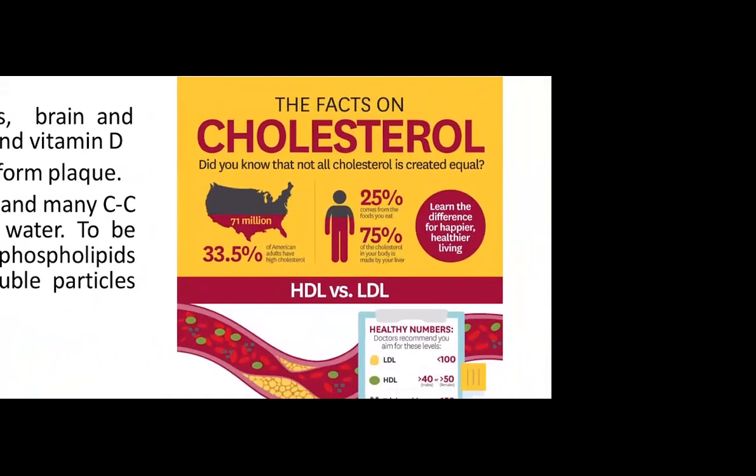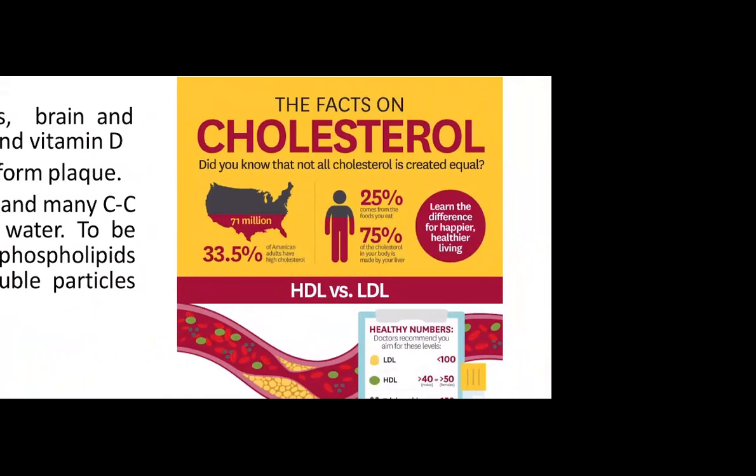When we look at the image that we have here, notice that 25% of cholesterol comes from foods that you eat. 75% of the cholesterol in your body is made by your liver. That's why if you consume a vegan diet, you're still going to have cholesterol in your body, because it is made in the body.